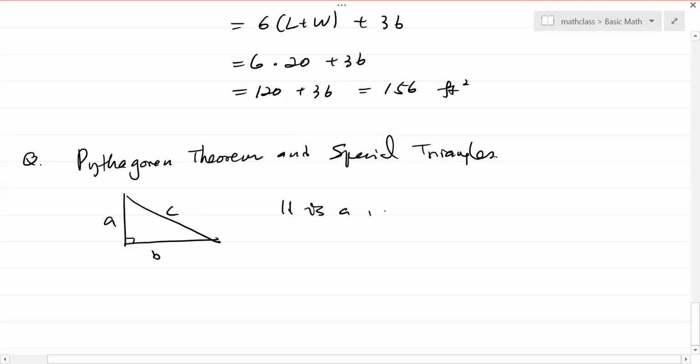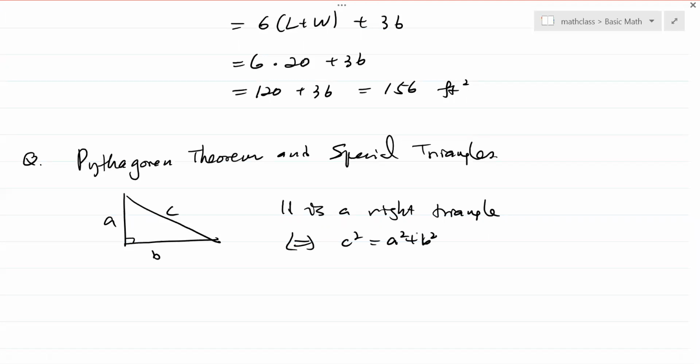So actually, if and only if means if c squared equals a squared plus b squared, then it is a right triangle.